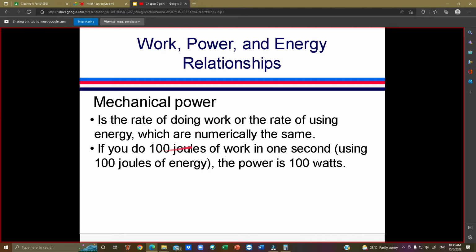Alright, if you do 100 joules of work in 1 second, so the power is 100 watts. 100 bagi dengan 1. If you do 100 joules of work in 2 seconds, the power is 50 watts. Because it takes longer time. So the lesser the watts, the lesser the power that particular person or that particular machine has or stores.